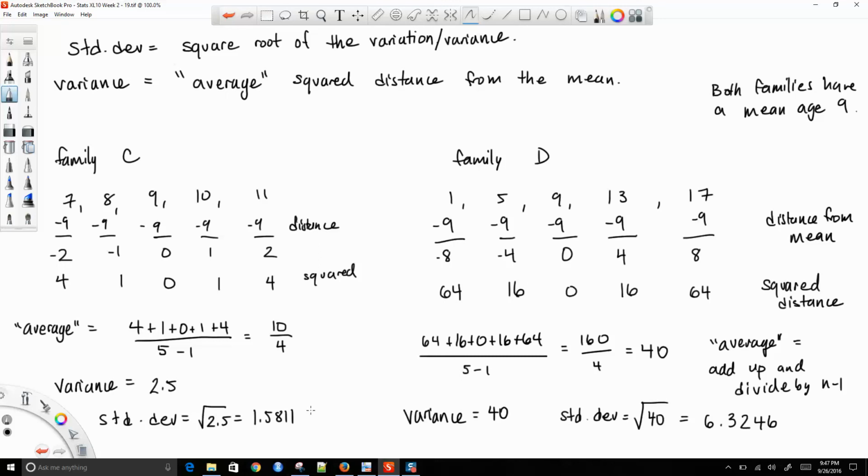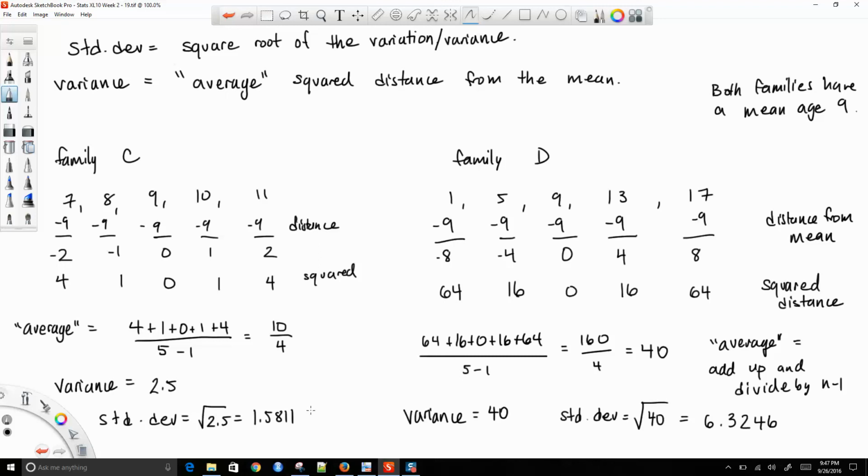Yes. Why do we divide by n minus 1? The reason why we divide by n minus 1, I will just say, is you can look it up, called Bessel's correction. And the reason is because we're trying to estimate the population standard deviation based on a sample, and the way we're calculating the standard deviation is distance from the mean, but that mean itself came from the sample, so it's biased because it's not necessarily equal to the mean of the population.